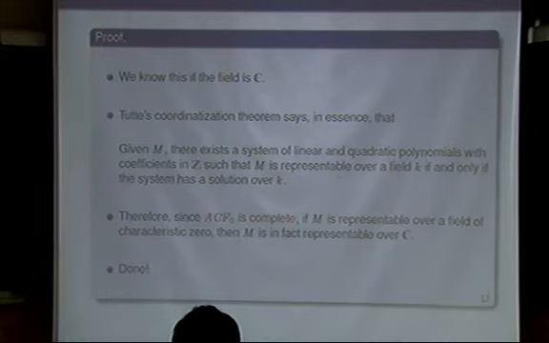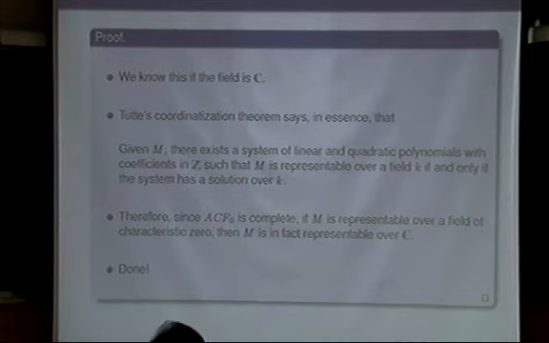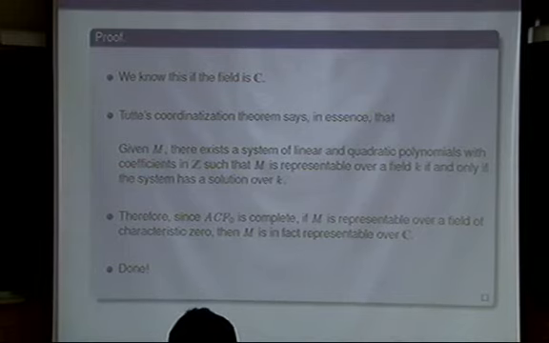So, in fact, we have to prove it over C, but that's all we need. It's true over any field of characteristic 0. In particular, we don't even need this kind of strength, but if you have a graph, then there is a way to associate the graph to a matroid in such a way that the resulting matroid is realizable over any field.